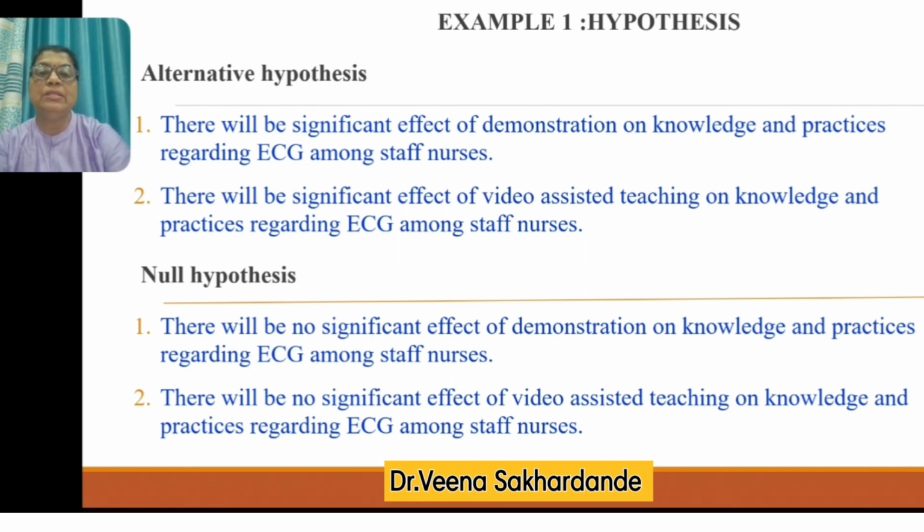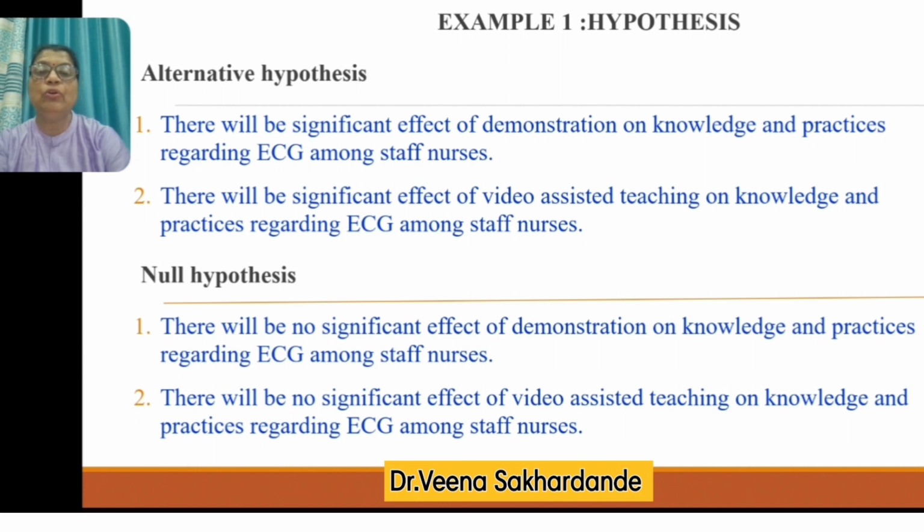What is null hypothesis? Example of null hypothesis: there will be no significant effect of demonstration on knowledge and practices regarding ECG among the staff nurses, and there will be no significant effect of video assisted teaching on the knowledge and practices regarding ECG among the staff nurses. So this gives the null hypothesis.